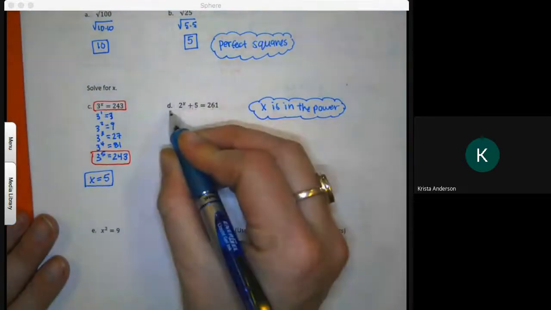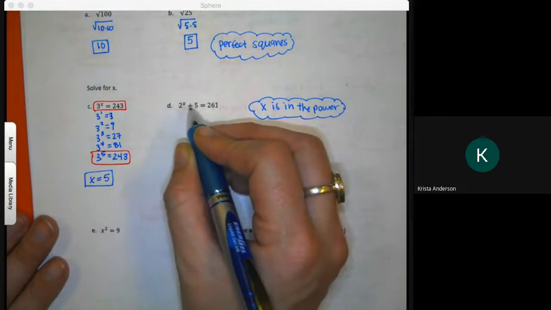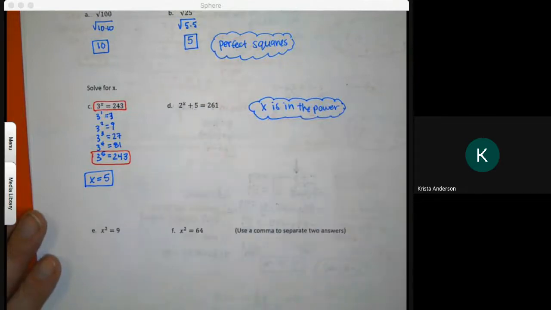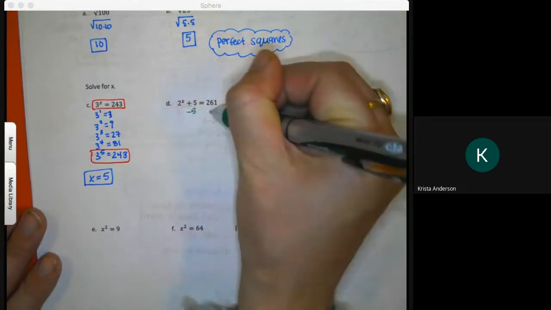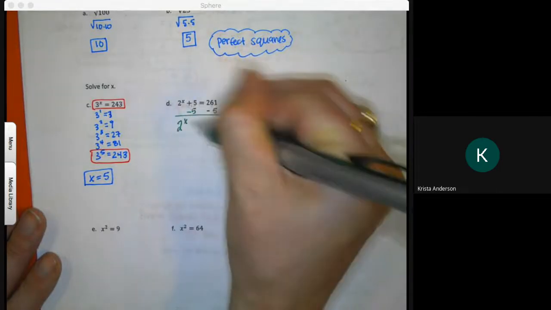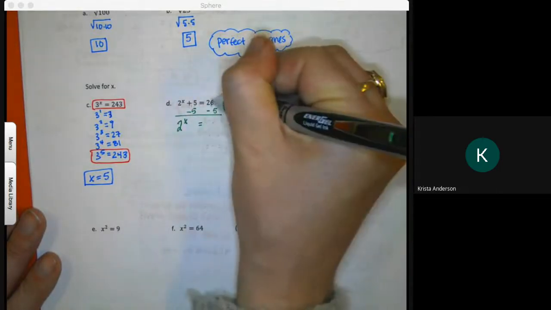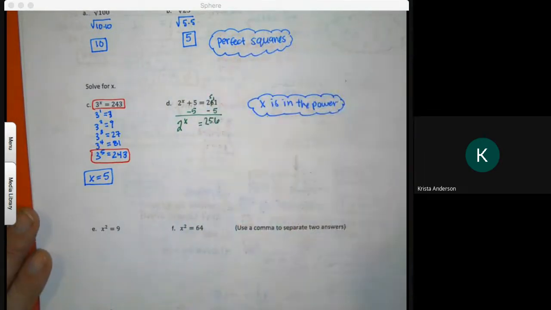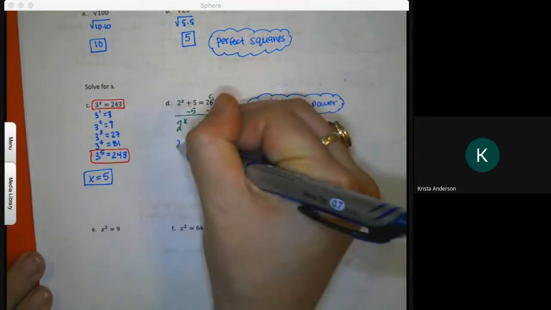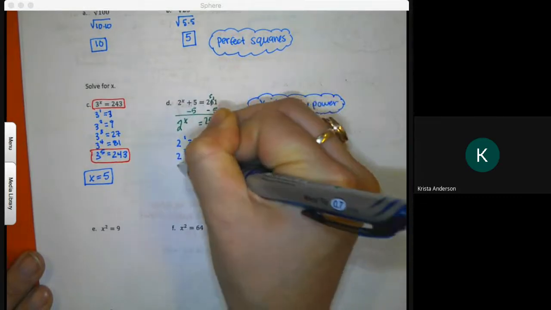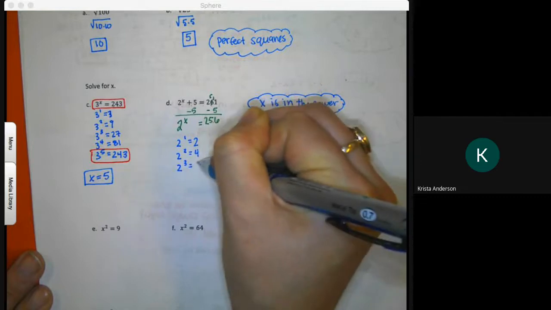For question B, x is in the power still. I have a plus 5 here. I don't want plus 5, so I will first get rid of that 5 and move it to the other side. 2 to the power of x equals 256. Then I test. 2 to the power of 1 is 2. 2 squared is 4. 2 cubed is 8.